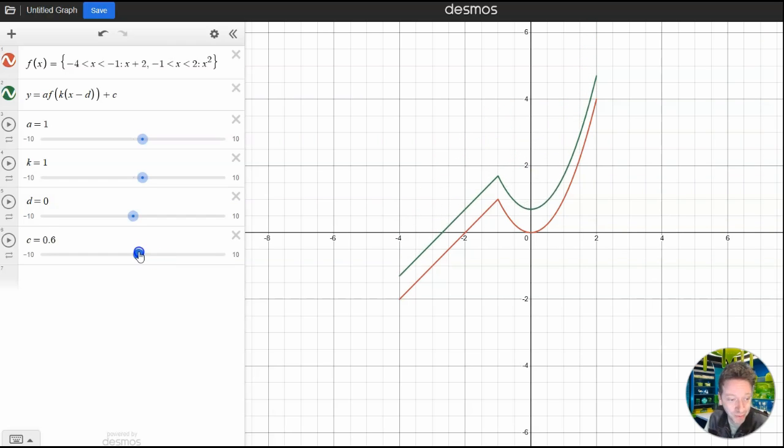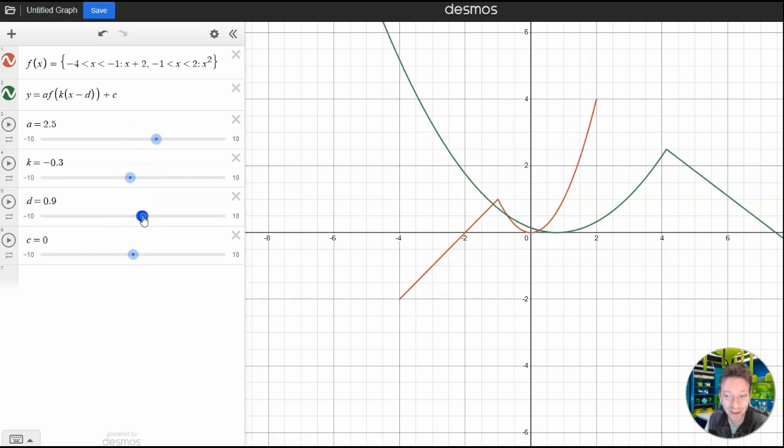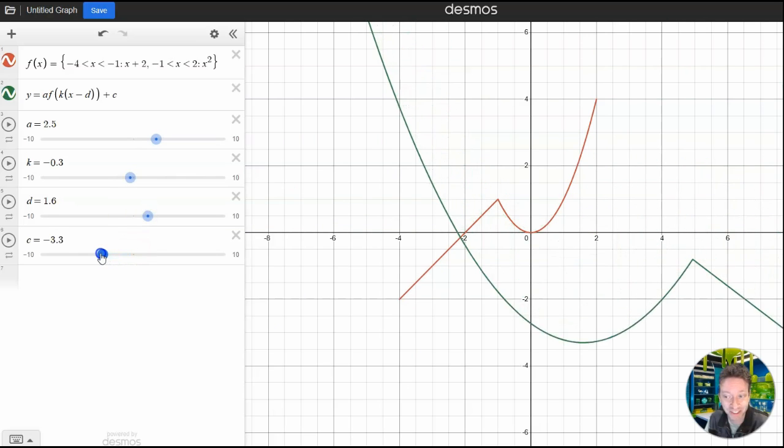Now, if we have multiple different transformations happening at the same time, we are going to do it in this order. So we'll apply a and k first, and then we'll apply the translations d and c second. Okay? And you can get all sorts of fun shapes for our new functions.